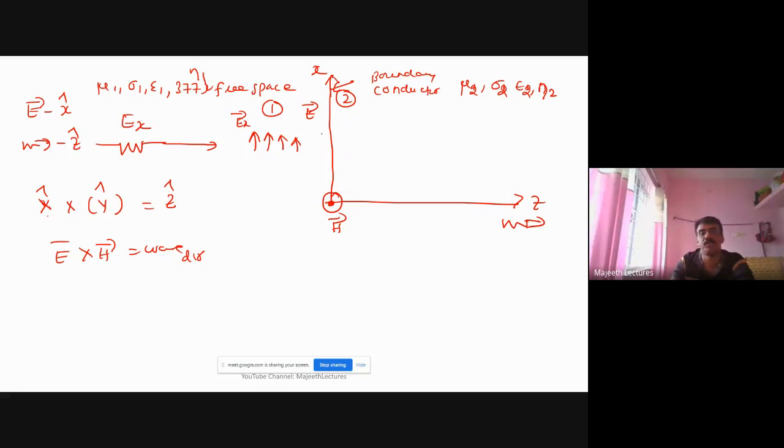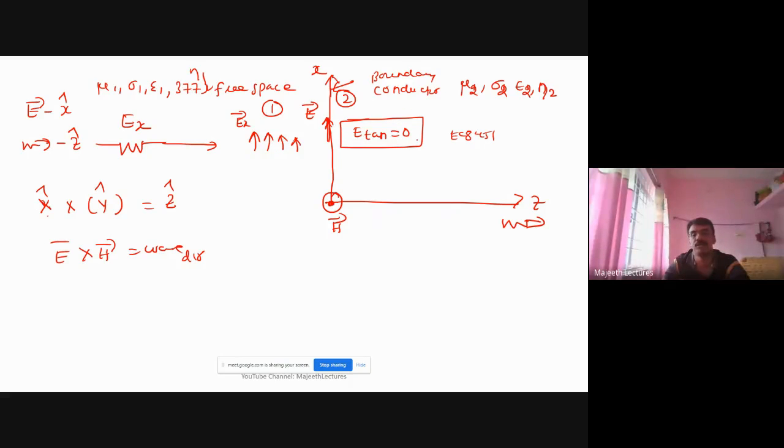When it reaches the boundary, it is touching tangentially. So what is E tangential? The tangential component of the electric field is 0. If you have any doubt, last class itself I told the boundary condition. Otherwise, refer to my video on boundary conditions in the EC 8451 lectures. So E tangential is equal to 0.